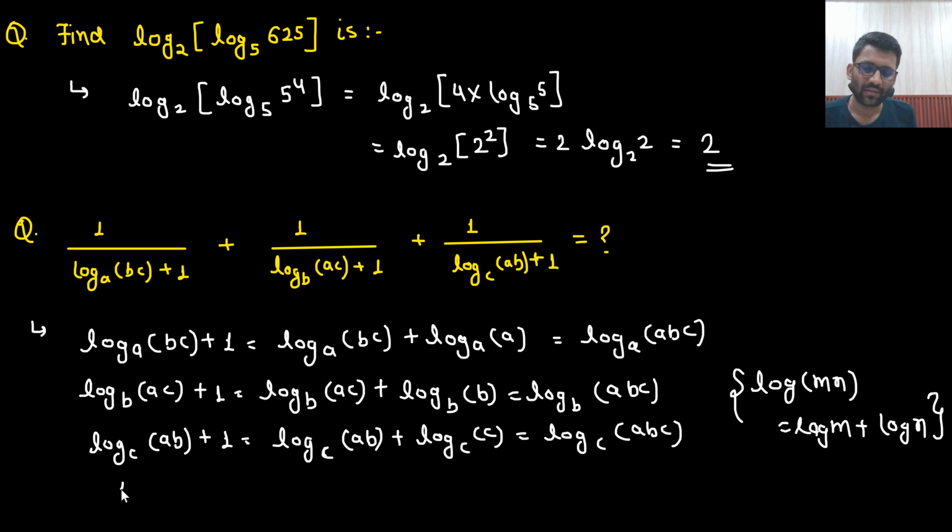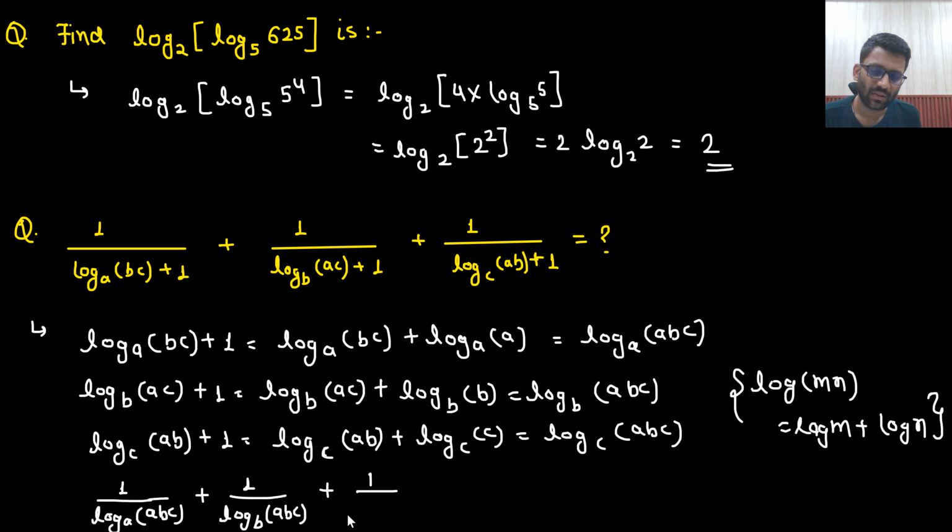So 1 by log_a(bc) plus 1 would be 1 by log_a(abc), plus 1 by log_b(ac) plus 1 would be 1 by log_b(abc), plus 1 by log_c(abc).